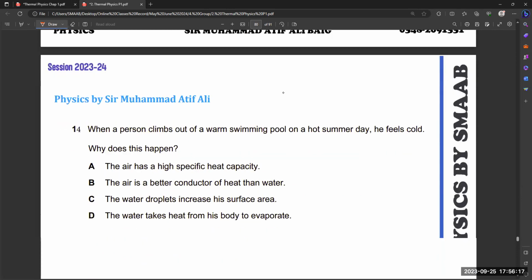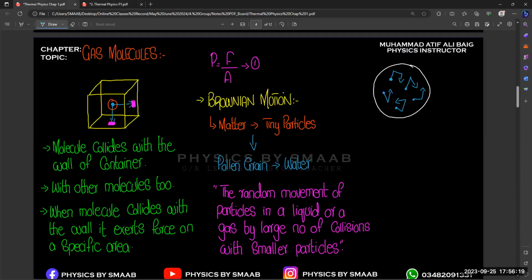So basically, you got the concept from the first chapter of thermal physics that is related to the basic kinetic property of the molecules. So there is nothing new in this chapter that you heard for the first time. Almost all the concepts you have already studied or already heard about in such subjects.